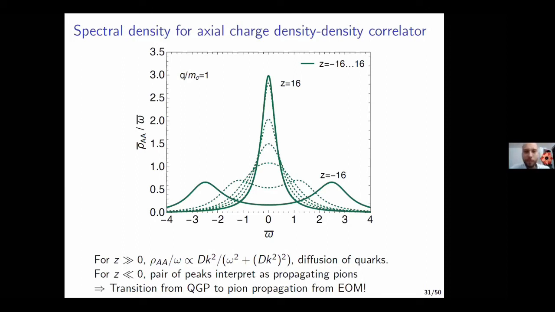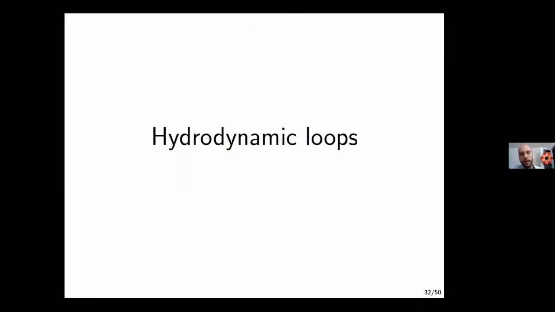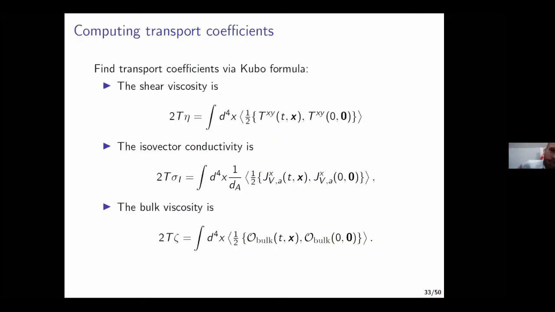Now we're going to take these correlators that I was just talking about and compute these hydro loops. This is done in a very standard way via the Kubo formula. The shear viscosity is given in terms of the shear components of the stress tensor, and without loss of generality we take them to be in the XY direction.